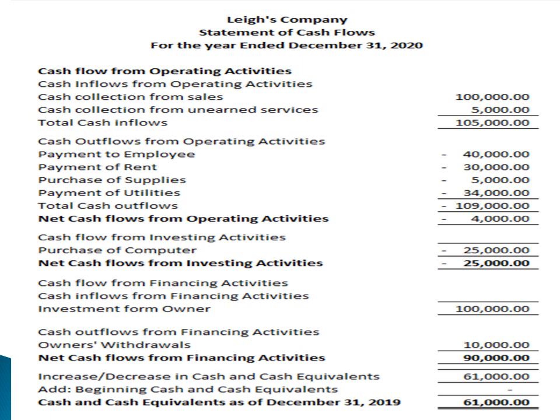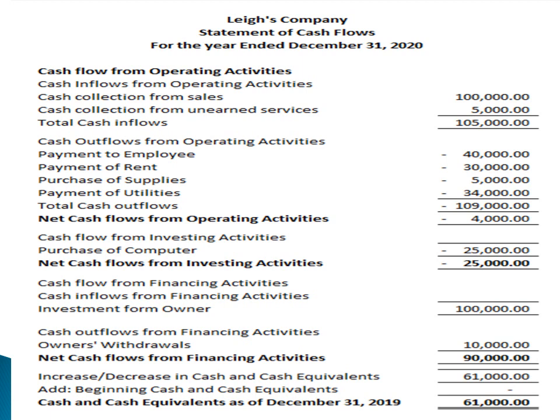We also have collection from unearned services because money was given to us. So we have now total cash inflow from operating of 105,000. Then we pay our employees 40,000. If you check, it's 50,000. But remember, we still have the unpaid, which is 10,000. So we deduct because there's no cash outflow in it for that 10,000. So we only have 40,000.